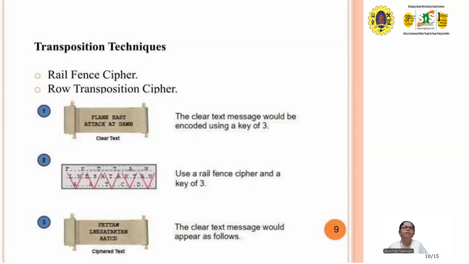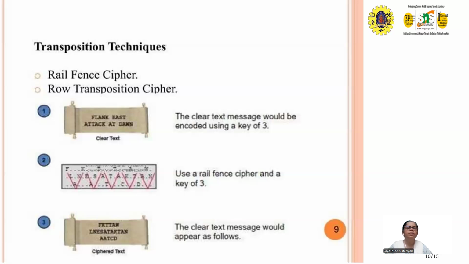So what is our plain text? Flank east attack at dawn. This is my plain text. Here it is of depth 3, so it has to start from here.